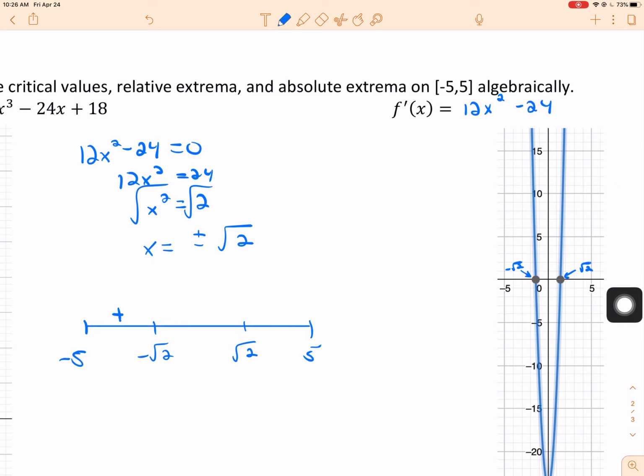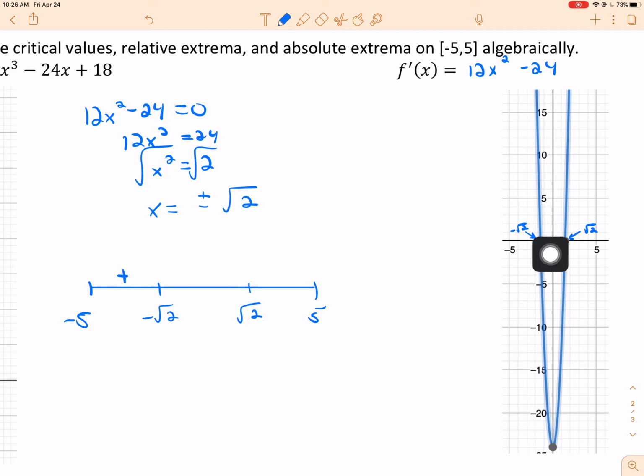And then to the right of negative rad 2, it's negative in between the whole time. When you plug in, you would get negative y values. And then after that, positive. So that means increasing, decreasing, increasing. That means at negative rad 2, we're going to have a max. And at positive rad 2, we're going to have a min.